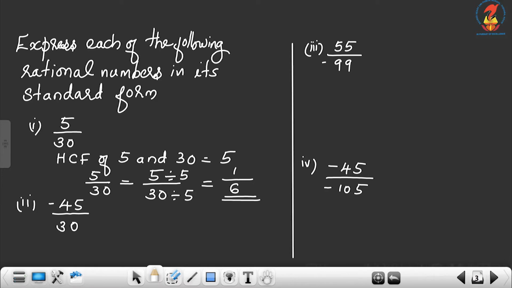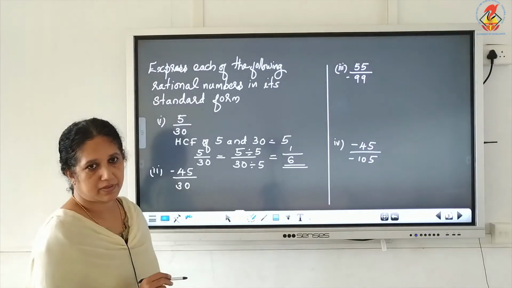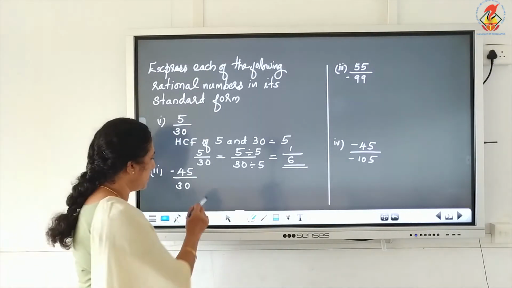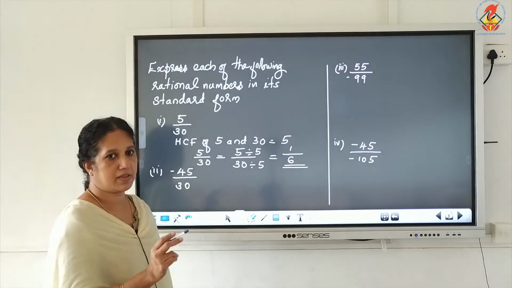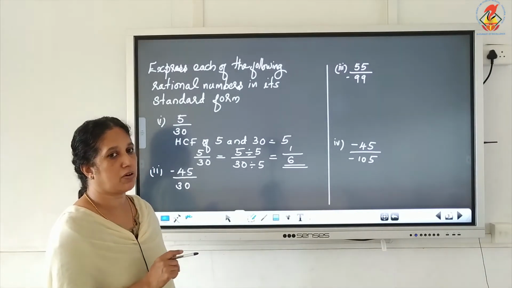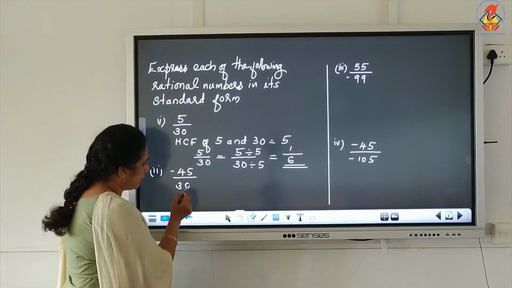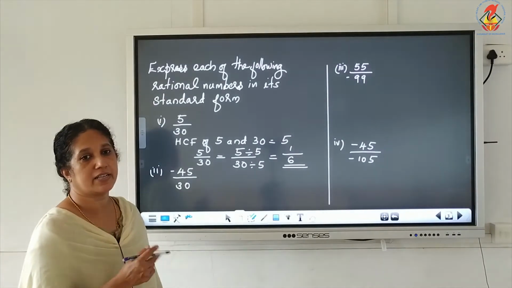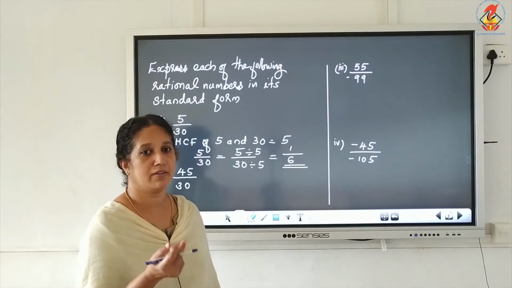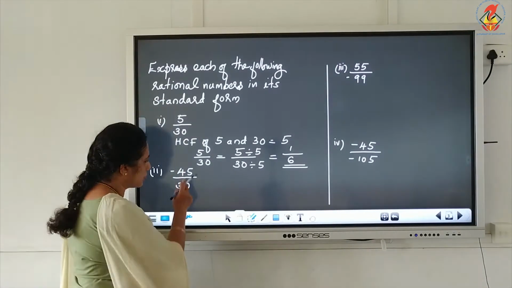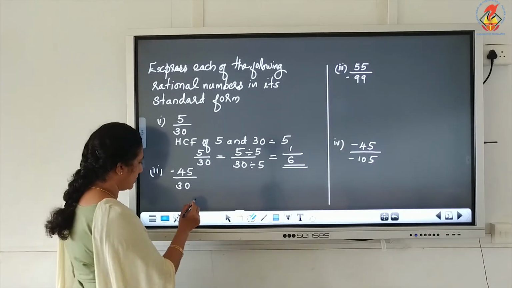Next, negative 45 by 30. Here also, the denominator is a positive integer. Yes. Now the second condition: is it reduced to the lowest form? No, it is not in the lowest form. When you look at 45 and 30, which is the highest common factor? 5. So we divide both numerator and denominator by 5.